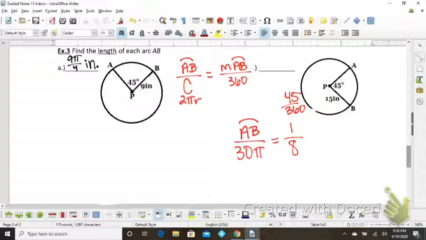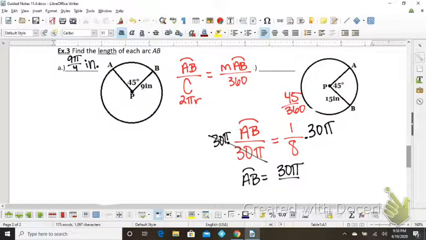In order to get arc AB alone, I multiply both sides by 30 pi. So we have that arc AB is equal to 30 pi over 8. Again, that will reduce to 15 pi over 4.